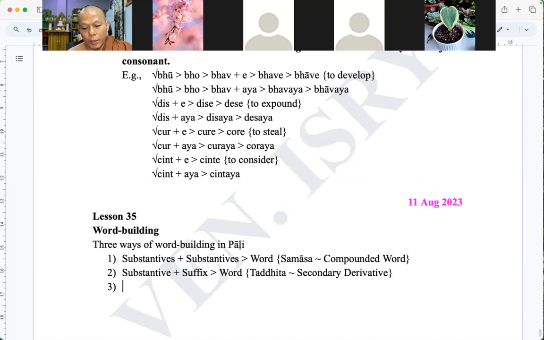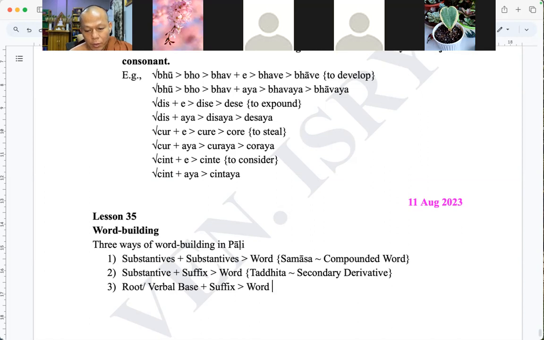And the other way is applied to the root or to the vowel base: by adding a suffix, we have another new word.